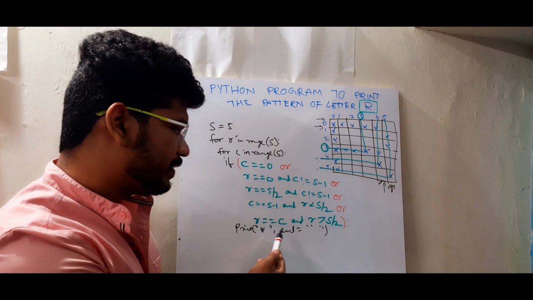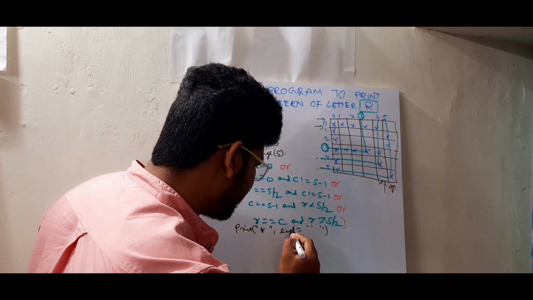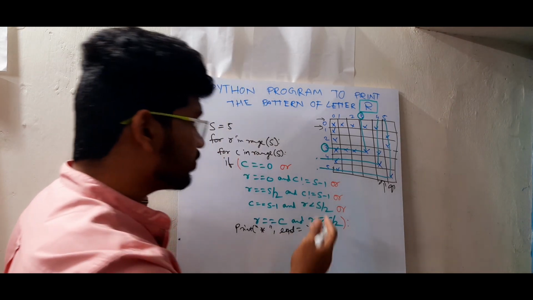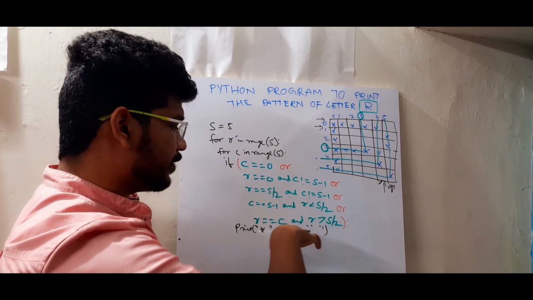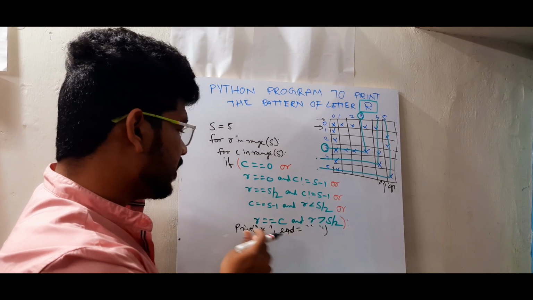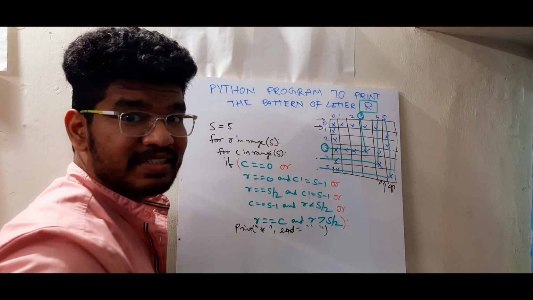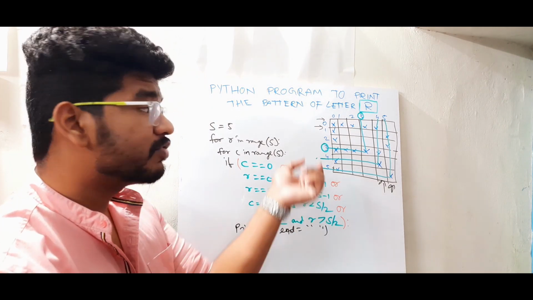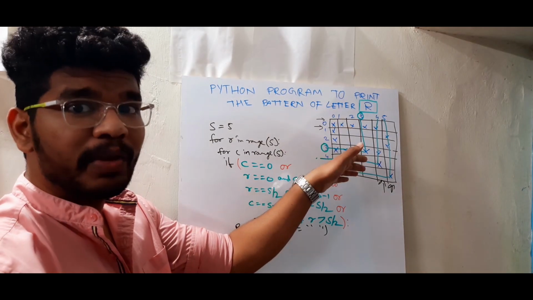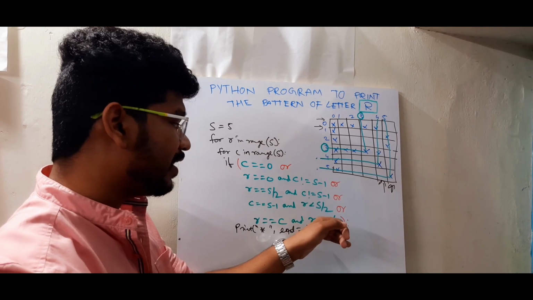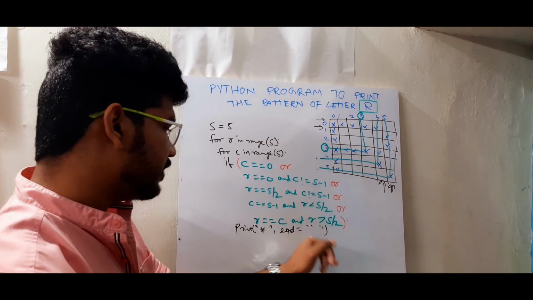As you know, this is end, and I'm giving this end parameter as space, because if I don't specify this end as space, by default print takes end as new line. After printing a star, it will go to the new line. To avoid that, I'm printing this space here for the end.